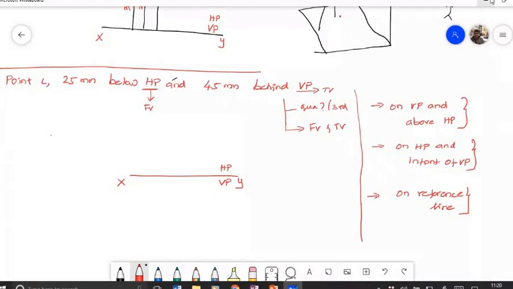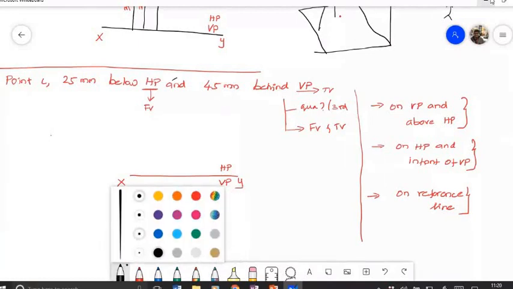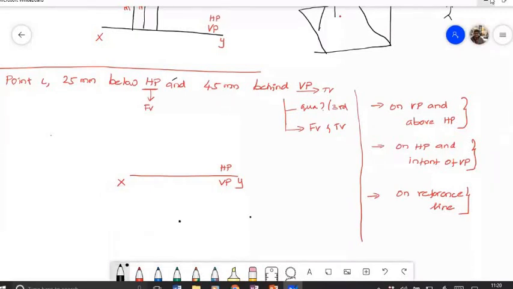Next, you need to decide which distance is visible in the front view. This is visible in the front view, right? So the front view you will get in the vertical plane. So here you need to draw a dot, and you will get the front view here.